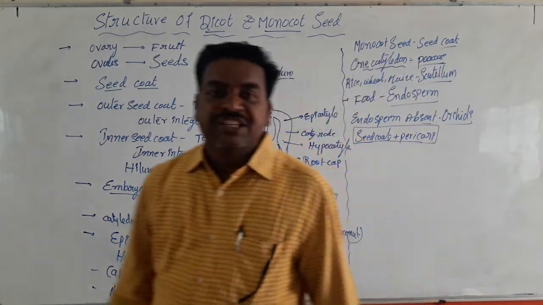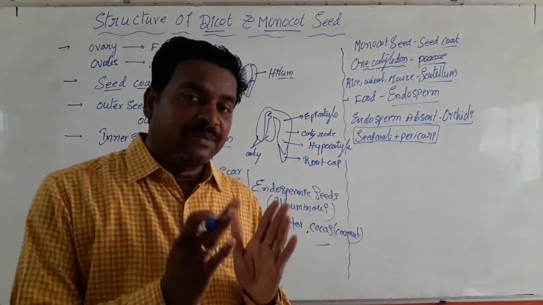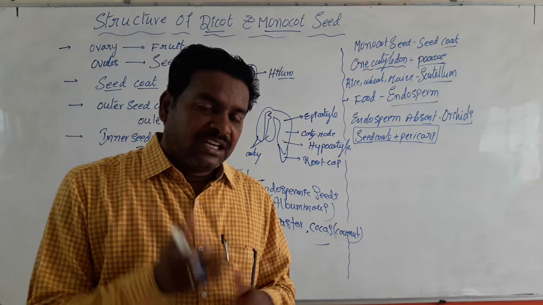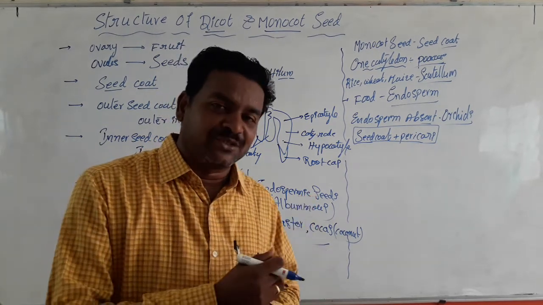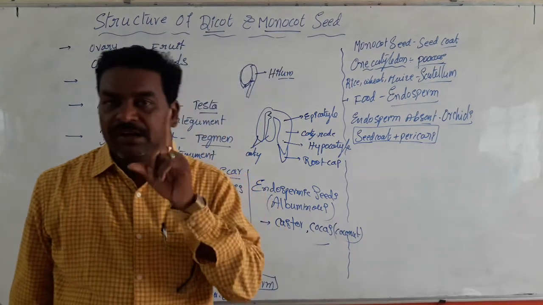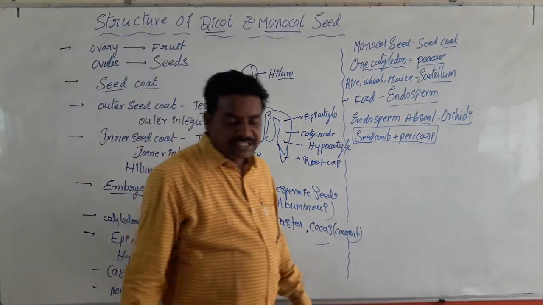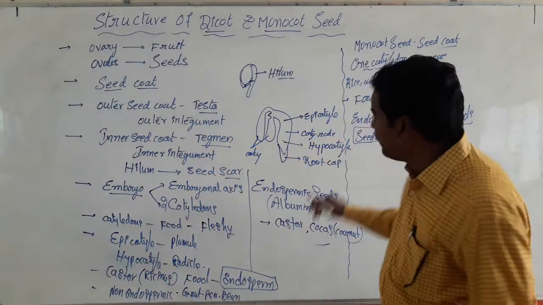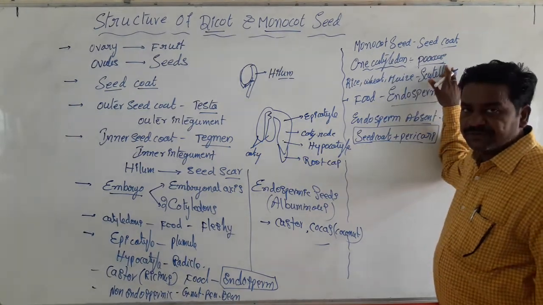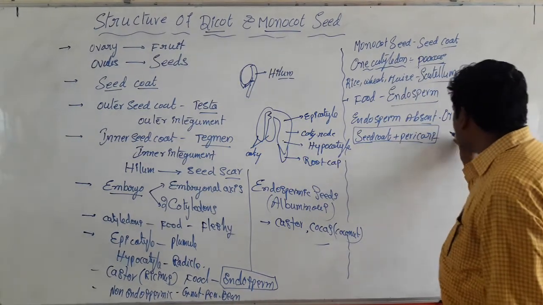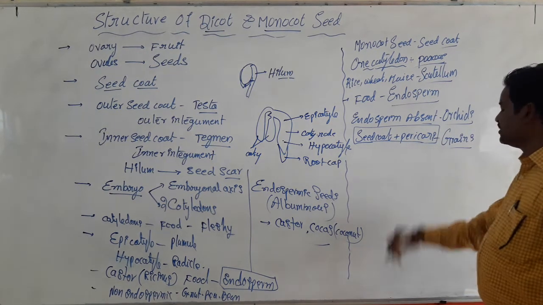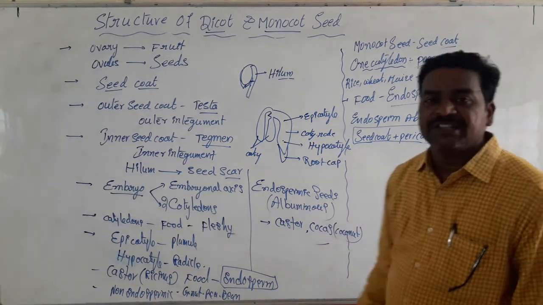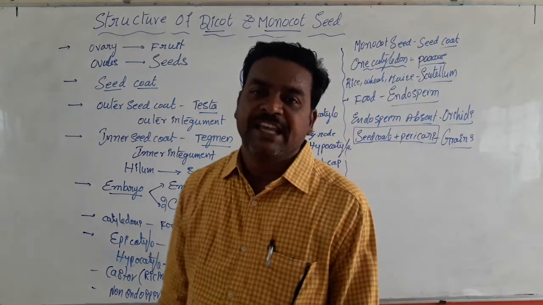The type of fruit in which the fruit wall, means pericarp, is completely fused with the seed coat is called caryopsis. Such a fruit is the characteristic fruit of family Poaceae. Such fruits are also called grains.